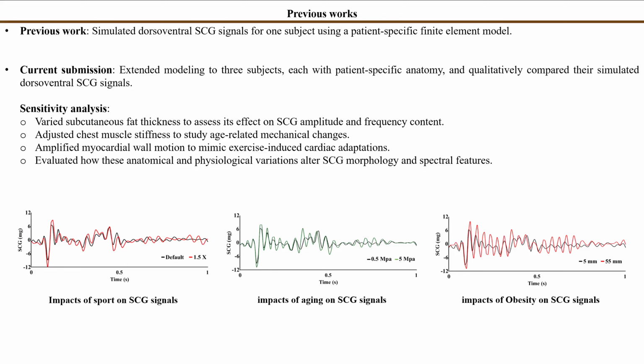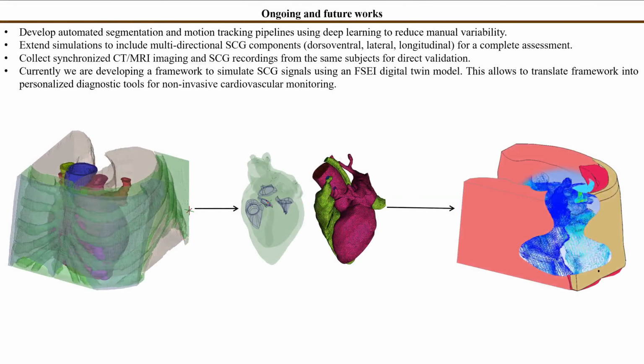These variations allowed us to study how anatomy and physiology affect SCG morphology and spectral content. In our optical flow FEM framework, we successfully reproduced SCG waveforms that were consistent with clinical recordings.